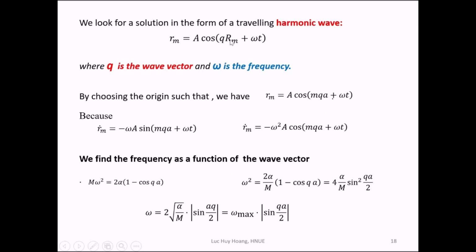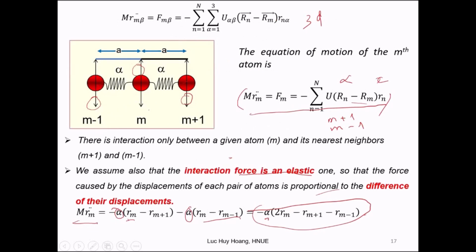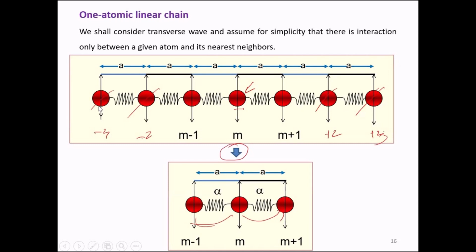Okay, so what is the Rm? R letter is the vector to show the position of the atom. So we can choose the original vector of the point, for example, here. So this point, for example, and the vector to denote the atom M should be Rm, and Rm should be M times a, right?